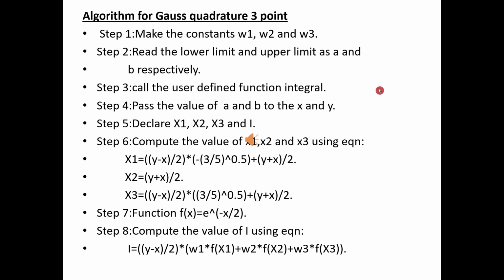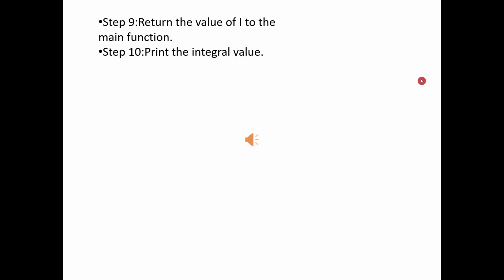Step 7. Function f of x equal to e raised to minus x by 2. Step 9. Return the value of I to the main function. Step 10. Print the integral value.